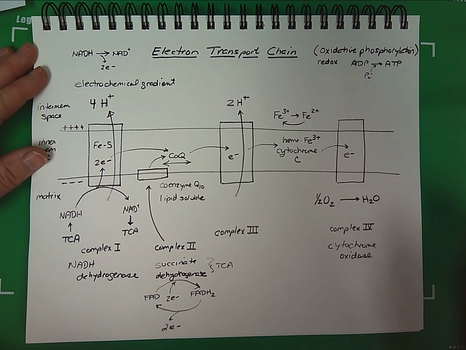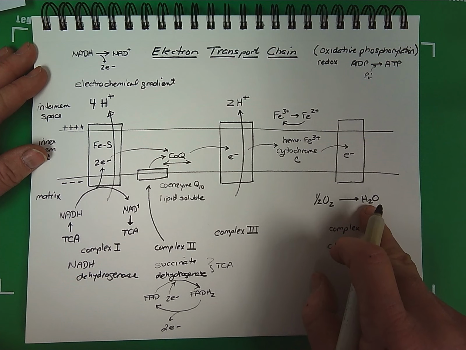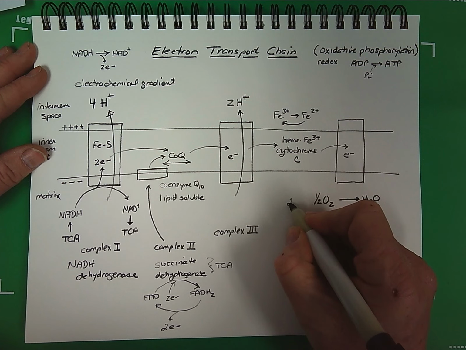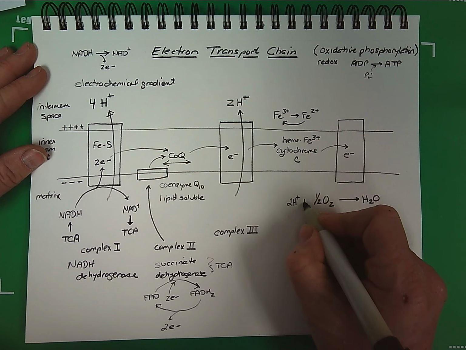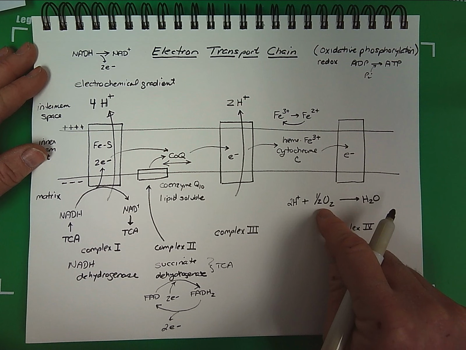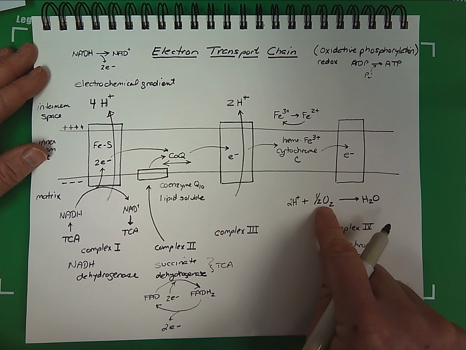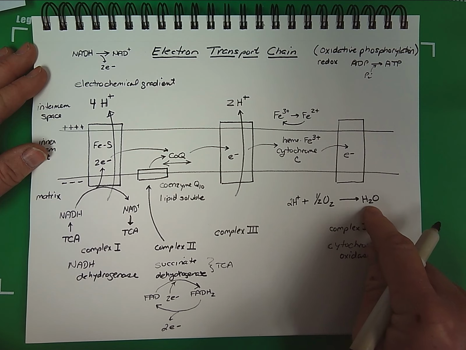In this process, we are moving the electrons onto oxygen, and we are going to generate water from this process. So we are going to need 2 protons. The electrons will come from the complex 4 cytochrome oxidase, and we will now reduce oxygen to form water.